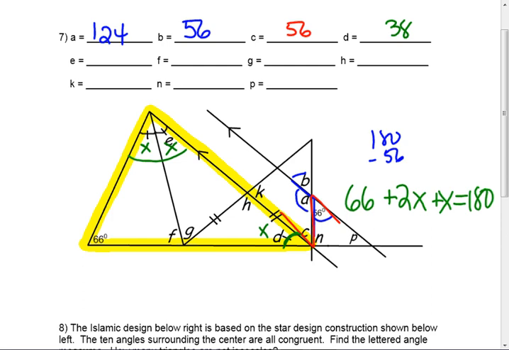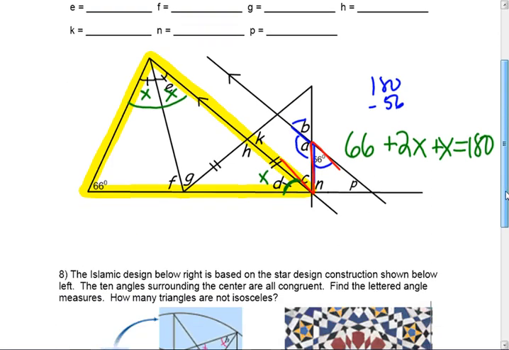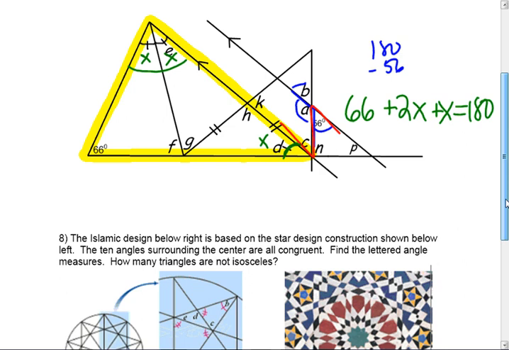N and P on the previous one? Well, N is not 90. You want to say it's 90, but it's not. D is 38. Angle C was 56. So N plus 56 plus 38 adds up to 180.